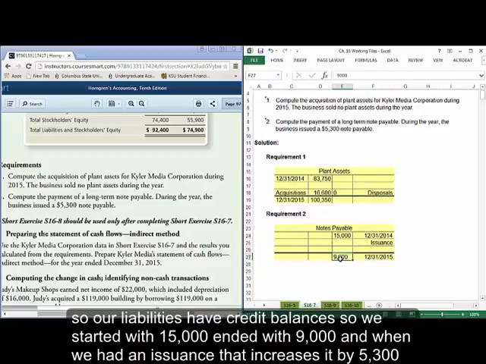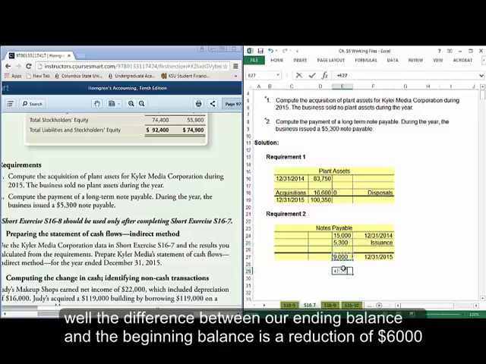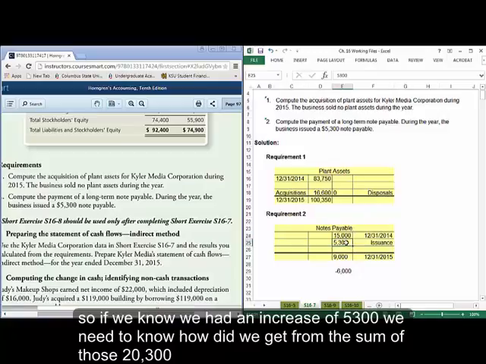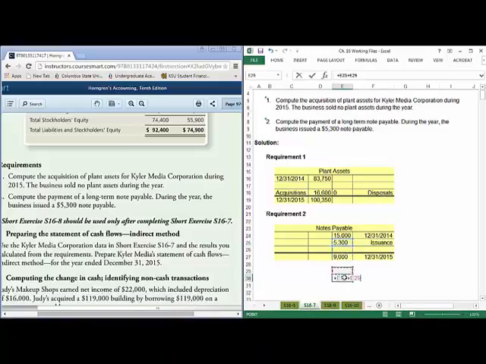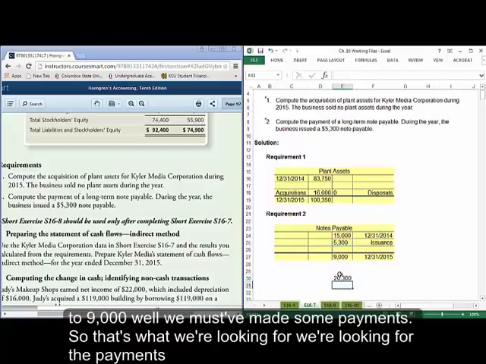So we started with $15,000, ended with $9,000, and when we had an issuance, that increases it by $5,300. Well, the difference between our ending balance and the beginning balance is a reduction of $6,000. So if we know we had an increase of $5,300, we need to know, well, how did we get from the sum of those $20,300 to $9,000? Well, we must have made some payments, right?